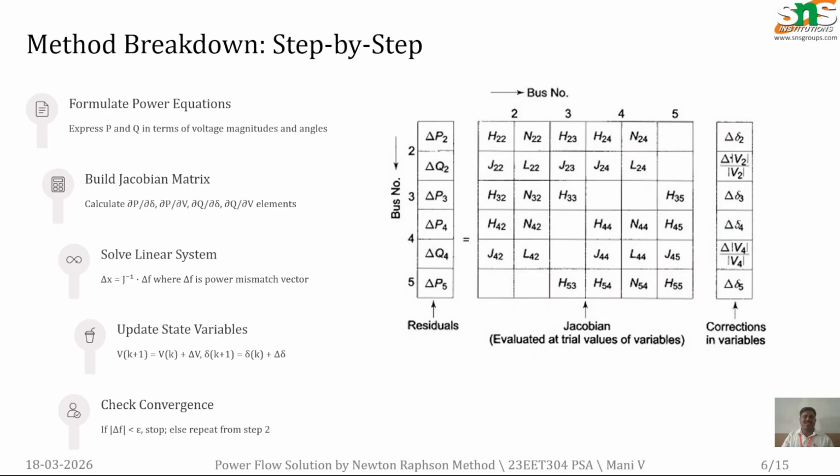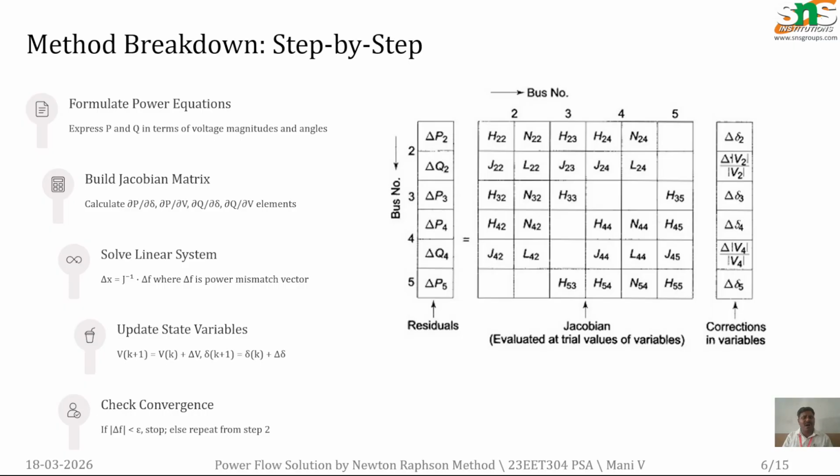So this is the step-by-step procedure of the Newton-Raphson method. Step number 1: formulate the power equations. Here the real power and reactive power are given in terms of voltage magnitude as well as angle.